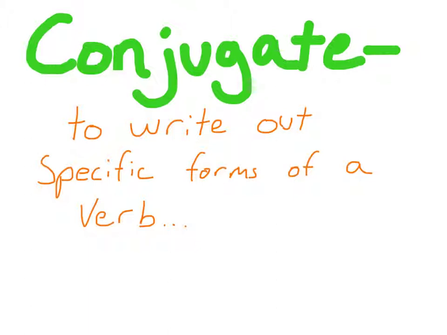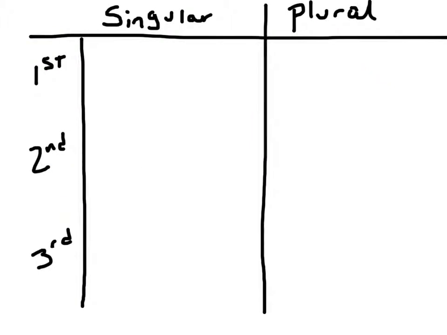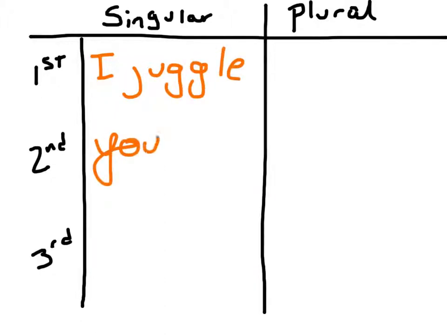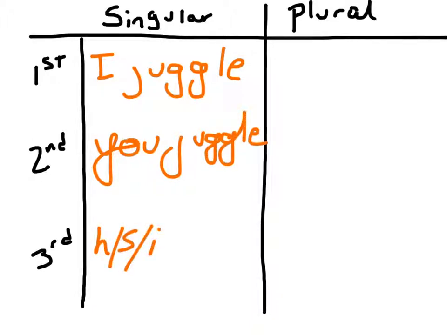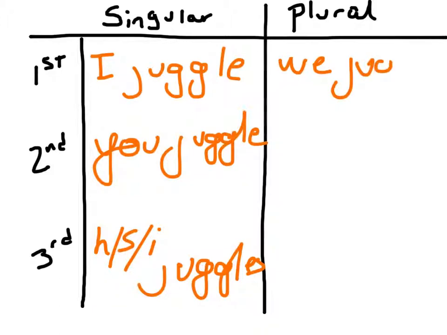So let's conjugate a verb in English. We'll conjugate the verb to juggle. So we would say, I juggle, you juggle, he or she or it juggles, we juggle.